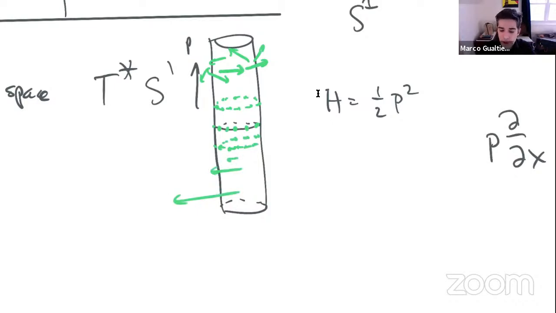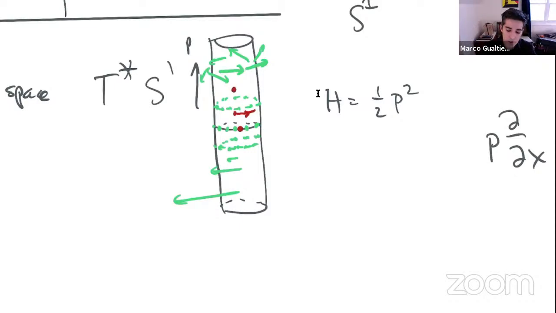Okay, and the trajectory of the particle can look like this. If the particle is stationary, it can just remain there for all time. Or if you give it a little bit of a push, then it will start moving along the circle at a constant speed, constant angular speed.